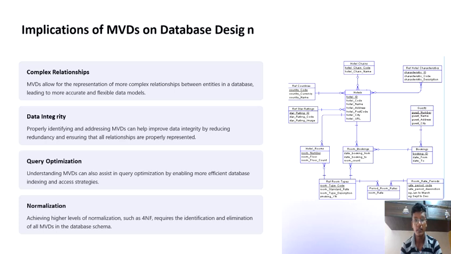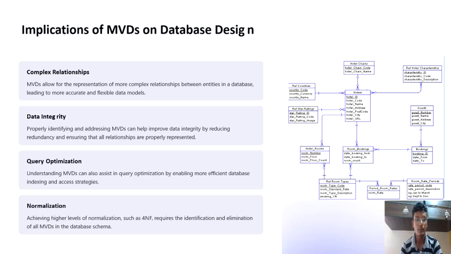Implementation of MVDs in database design: complex relationships, data integrity, query optimization, and normalization. Complex relationships: MVDs allow the representation of more complex relationships between entities in a database, leading to more accurate and flexible data models.